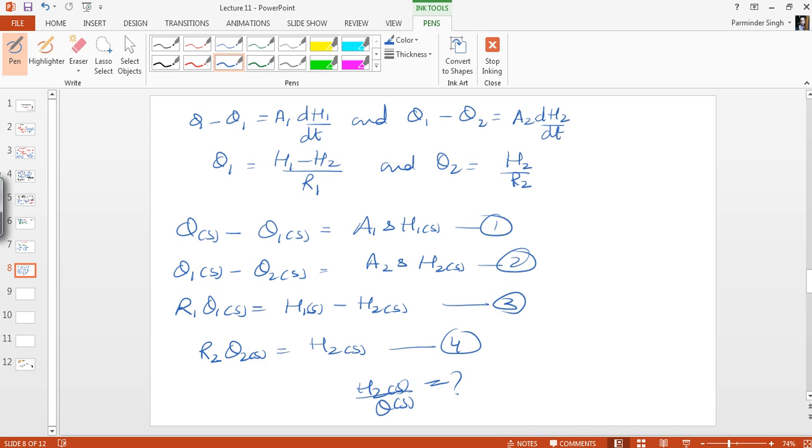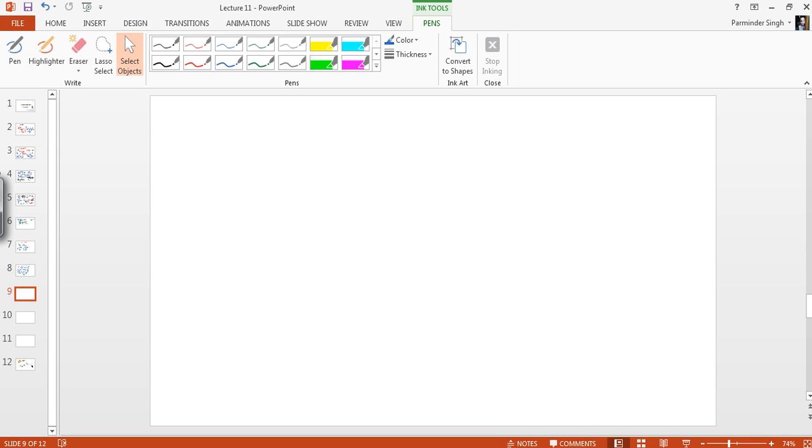Now upon adding 1 and 2, what we see is Q1 gets cancelled with Q1, and we'll have Qs minus Q2s on the left hand side, and on the right hand side we'll have A1s H1s plus A2s H2s. Okay, so let me write it down over here. Upon adding 1 and 2, so we have Qs minus Q2s equal to s, which is common, times A1 H1s plus A2 H2s.